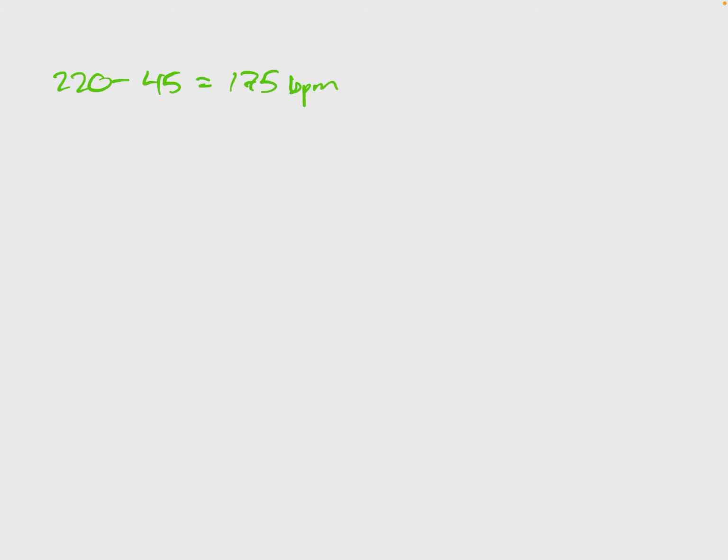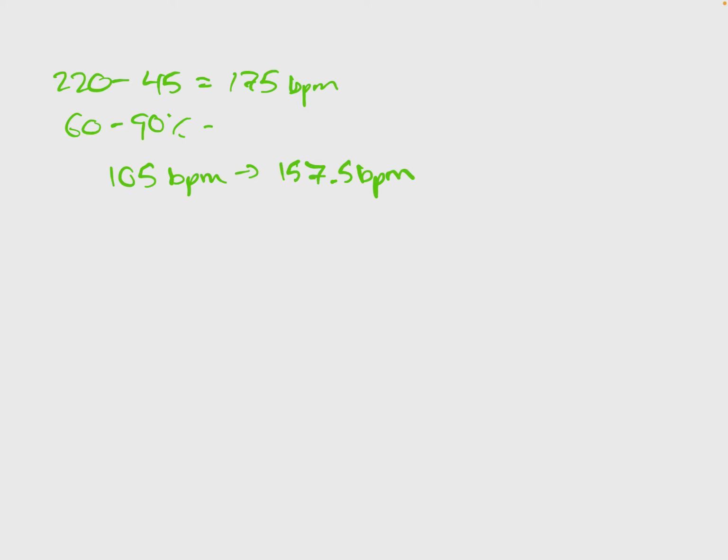And if we use that 60 to 90% guideline of where I want to exercise in between, my range would be 105 beats per minute to 157.5 beats per minute. So to achieve cardiovascular fitness benefits, I'd want to exercise within that heart rate range for at least 20 minutes per time. Again, that's more so for beginners.